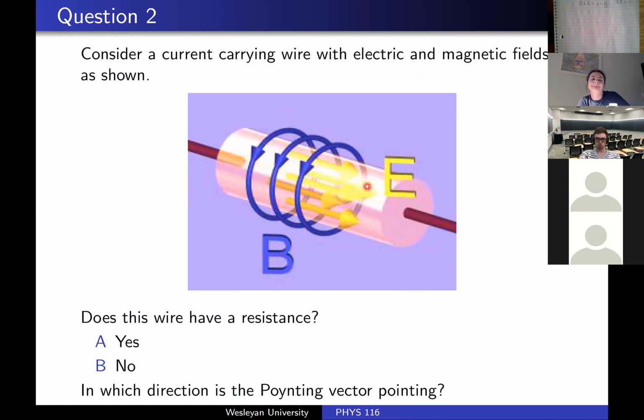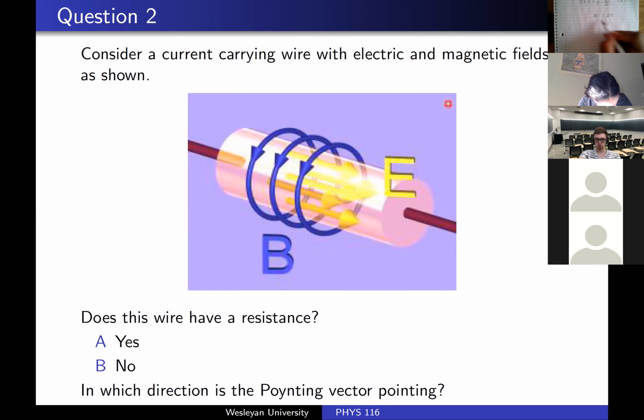Why does potential difference imply resistance? Well, because if you have a wire with a potential difference and a current flowing through it, then those two things are related by Ohm's law, which tells us delta V equals IR.